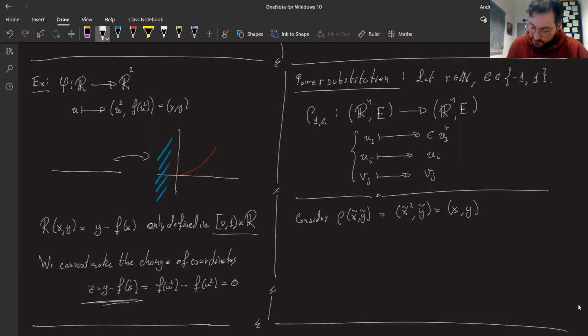So we had that x is equal to u squared, and it's equal to x tilde squared. So from here we get x tilde equal to u, and y tilde is equal to y, which is equal to f of u squared. So again, y tilde equals f of u squared. And now we can make the change of coordinates.